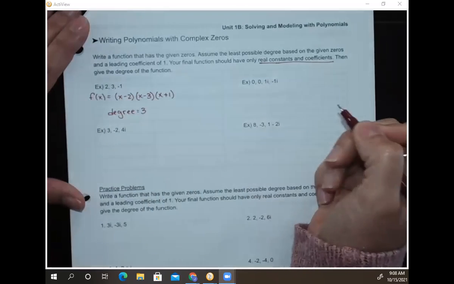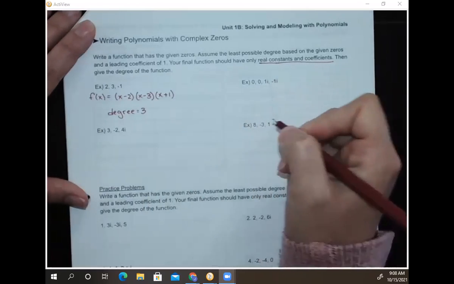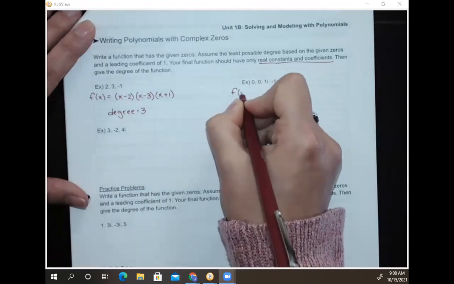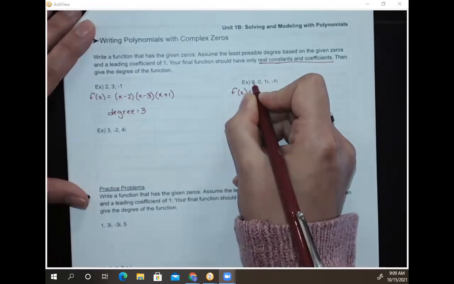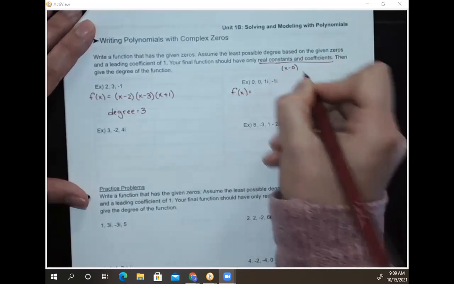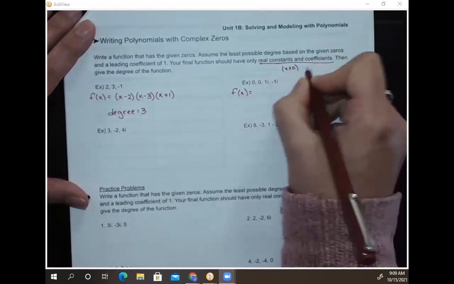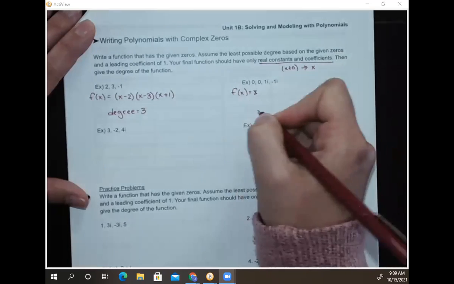Now for our second example, we're going to see something a little bit different. We've got some imaginary zeros listed here. So as I go to write my function, if my zero is at 0, we could write x minus 0 or x plus 0 if we wanted to, but that would just simplify to x. So I would get x here.